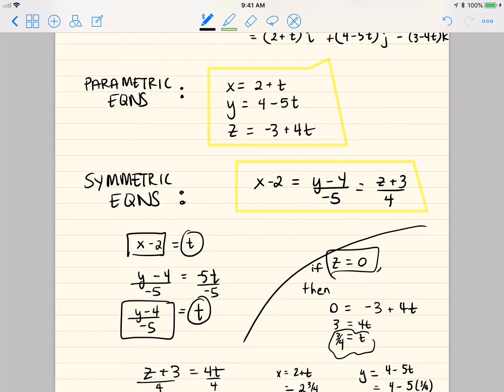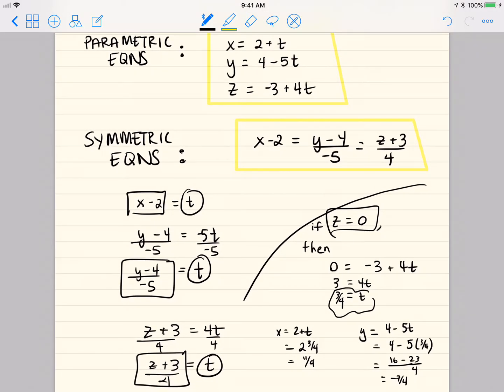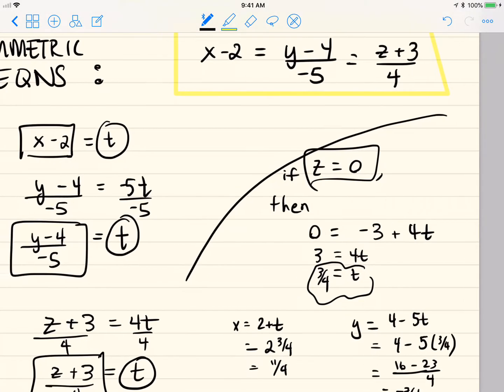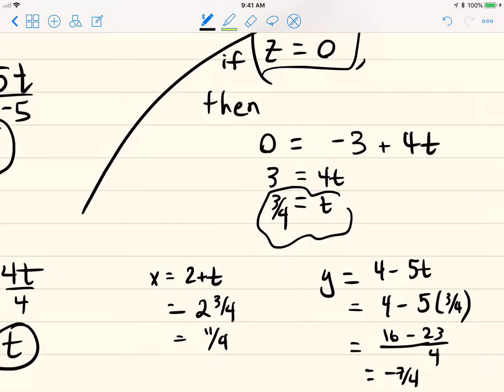Okay, so 4 minus 5 times, so that is what am I thinking? I see the error that I made. The error is here. So this 5 times 3/4 should be 15 over 4. Okay, and so now we'll have 16 minus 15.